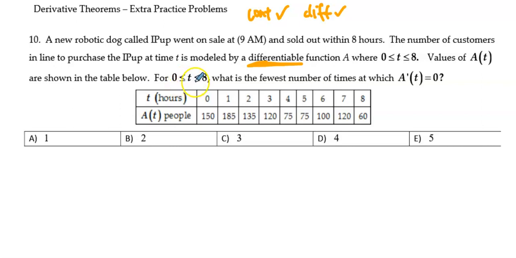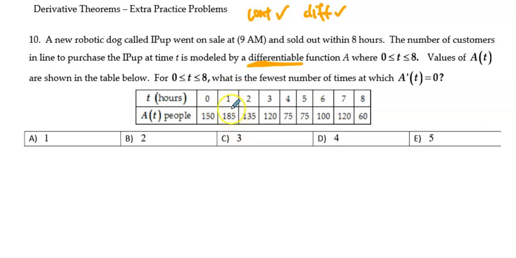For 0 to 8, what is the fewest number of times in which my A prime of t was equal to 0? If we're looking at our problem here, we can just look at this and know that from 0 to 1, we're increasing. From 1 to 2 we know that we're decreasing.